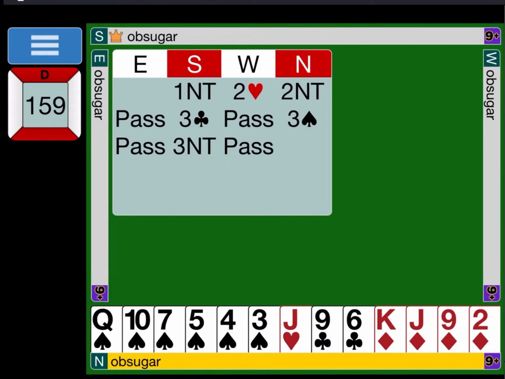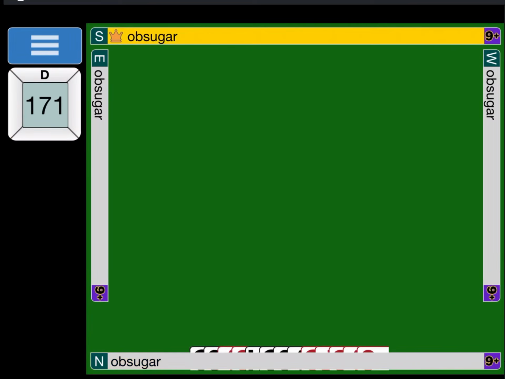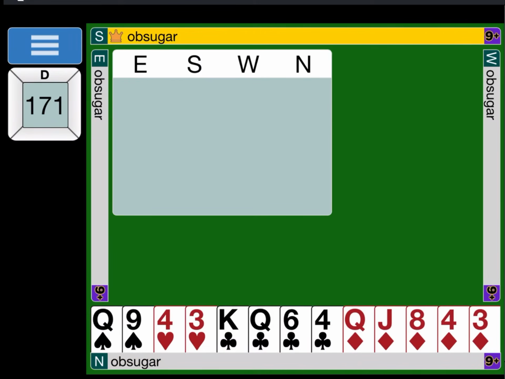All right. Oops. He's going to interfere with 2 hearts. And what would your plan be with this hand?